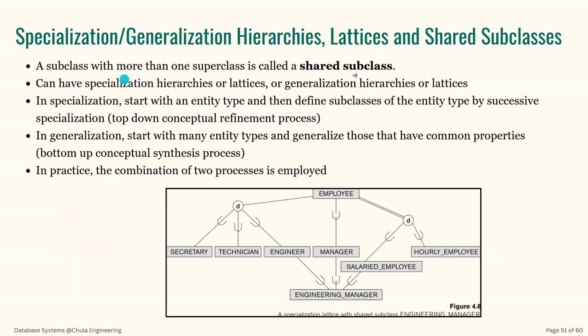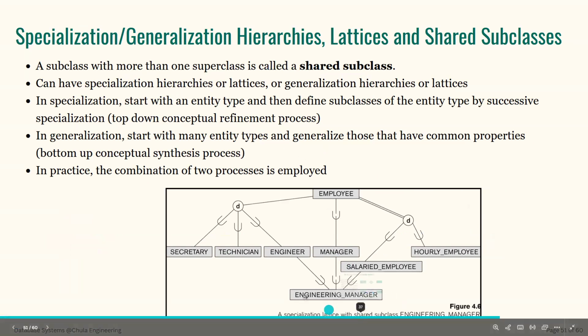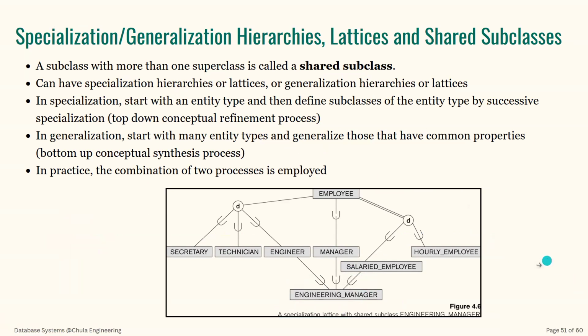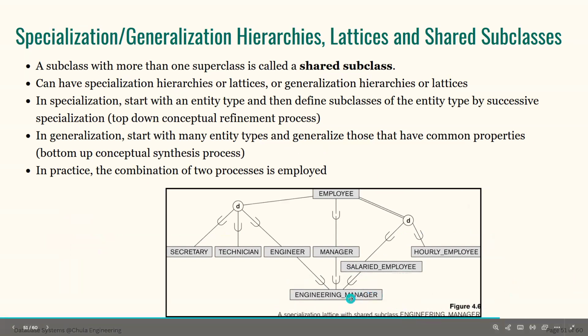All right. Let's take a look at the example here. So with this, a subclass with more than one superclass now is called shared subclass. Okay, let's see the example here. The example here would show a specialization lattice with shared subclass. All right, what does it mean? If you take a look at the engineering manager, let's say that engineering manager is a subclass of an engineer, also a subclass of manager, a subclass of salaried employee.